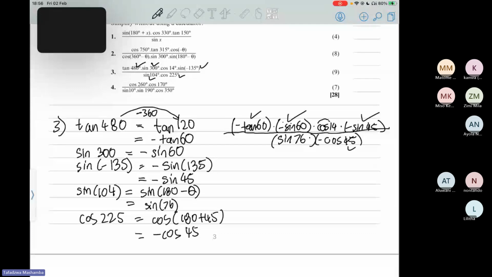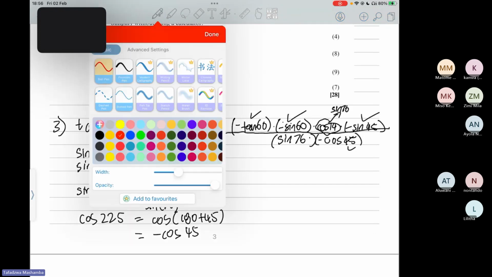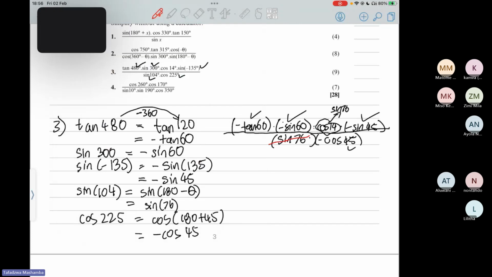I'm going to rewrite this as sine of 76, because it's basically the same thing. And when you do that, you realize you can actually solve everything in this problem. This is cancelled. For these, you can use the special triangles that we've learned. And in the end, I leave the math to you guys.